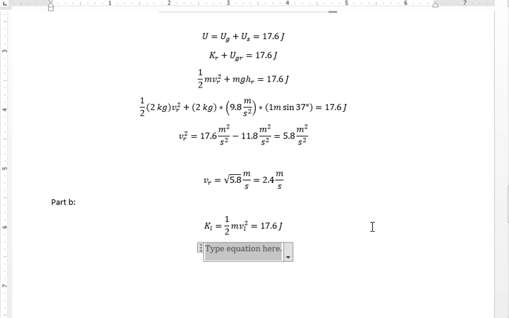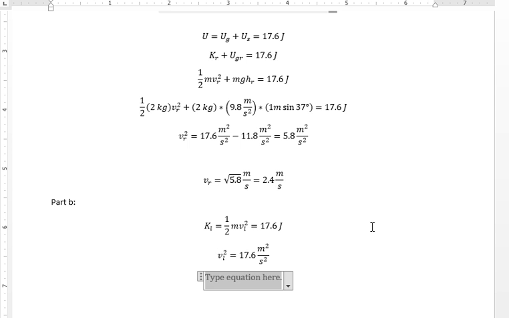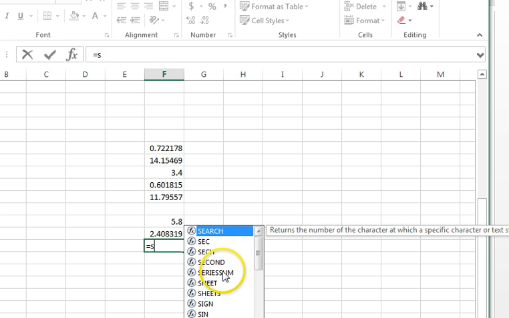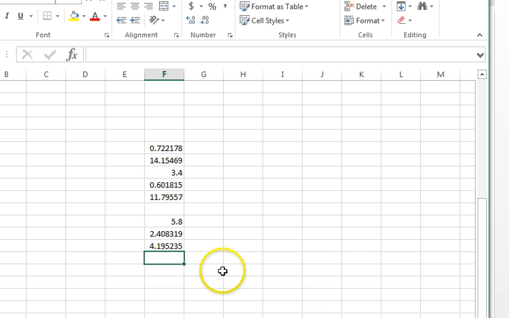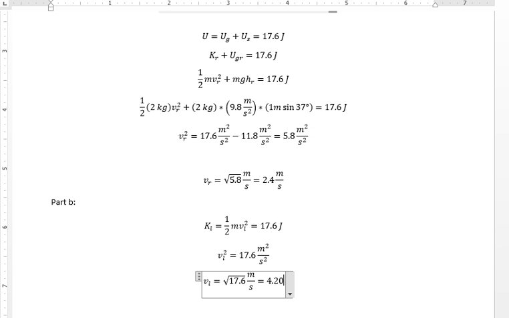This gives us v_L squared equals 17.6 meters squared per second squared, since that's 1/2 times 2 kilograms, and v_L equals the square root of 17.6 meters per second, which is 4.19 meters per second.